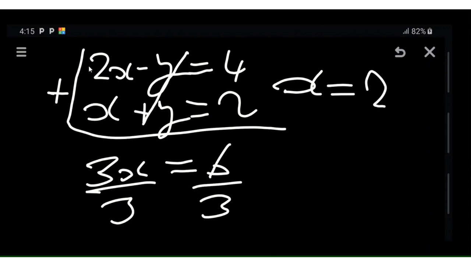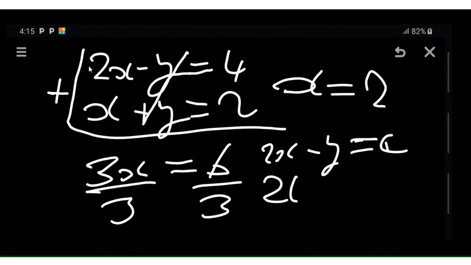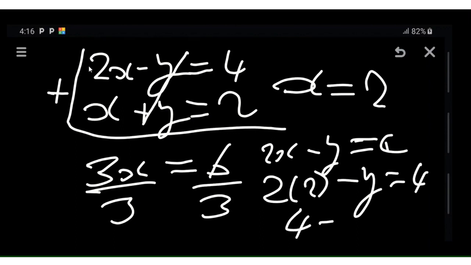Now we need to find the value of y. So to find the value of y, I'll get my 2x minus y is equal to 4. So where there is x, I'll put a 2. 2 times 2 is 4, minus y is equal to 4.